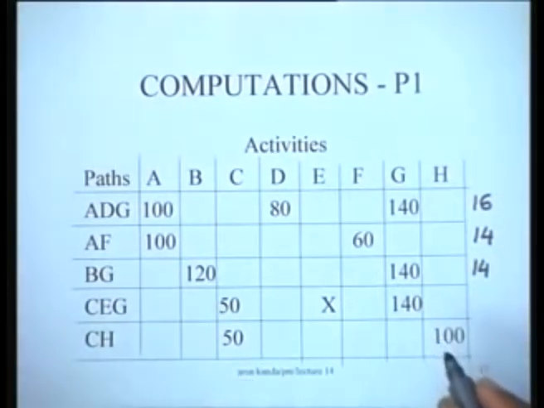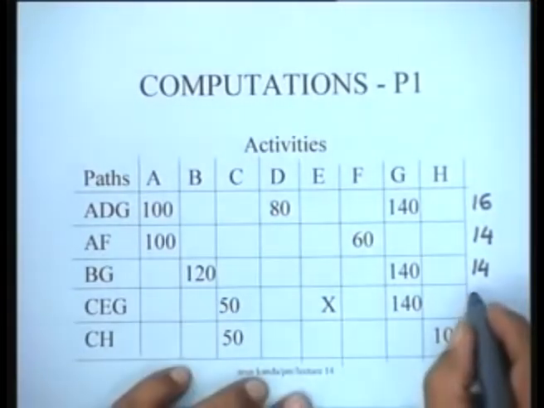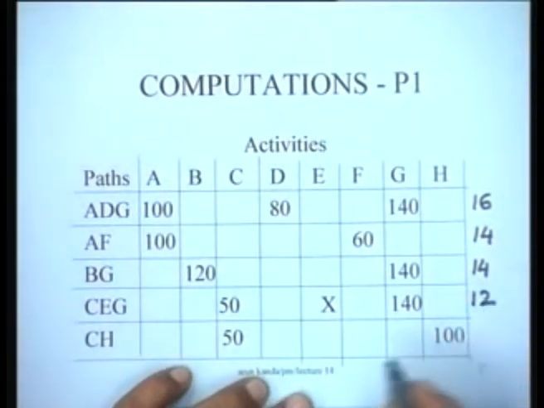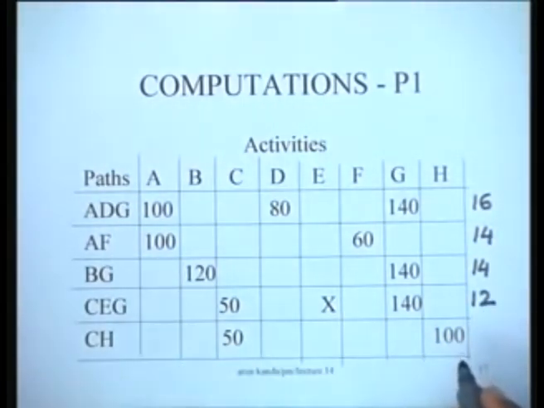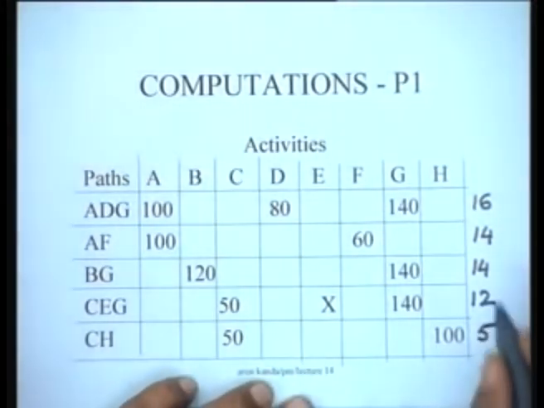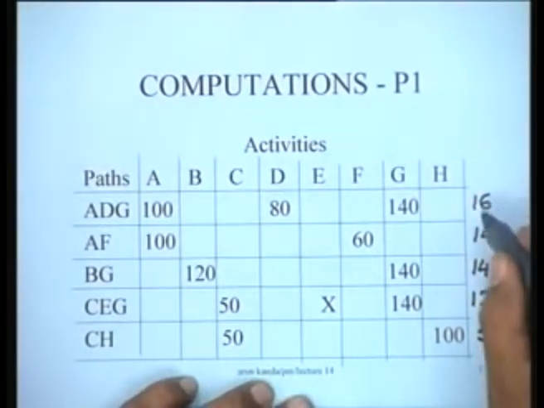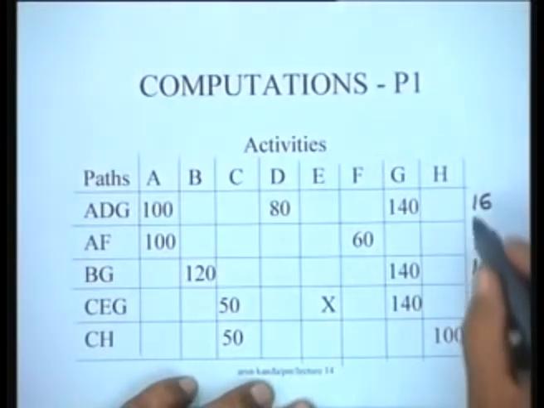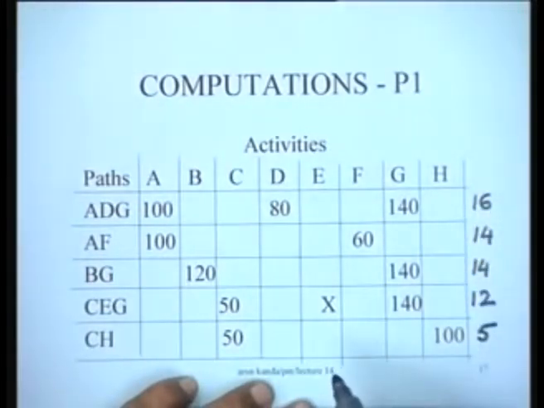Length of CEG, C is 3, E is 2, that makes 5, and G is 7, that makes 12. So the length of this path is 12 days, and CH has a path length of 3 plus 2, which is just 5 days. So I note down the current durations of all the paths in this particular way.